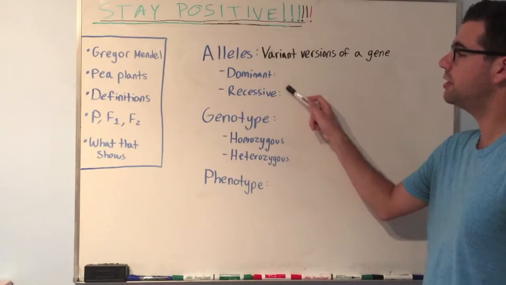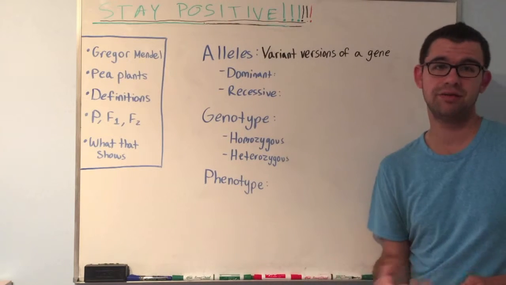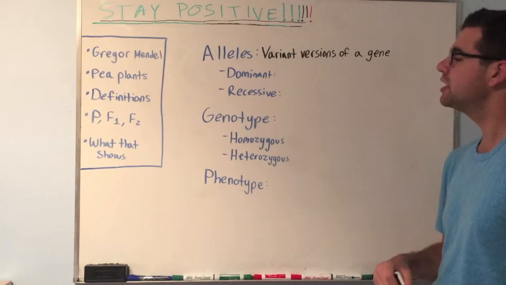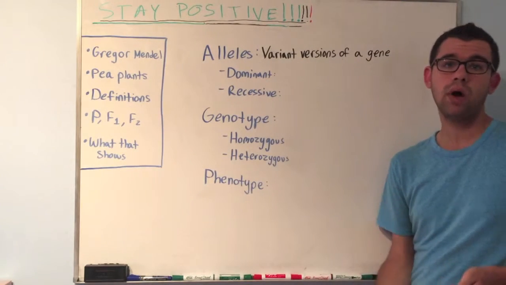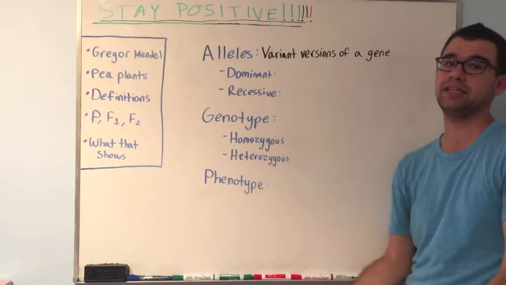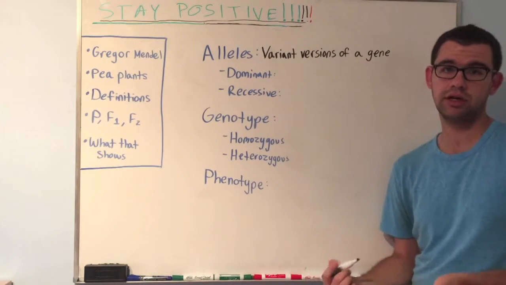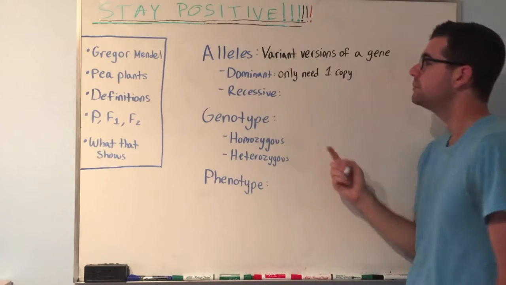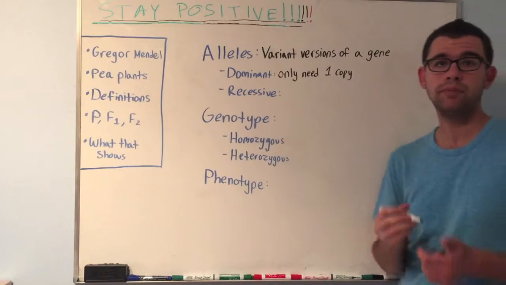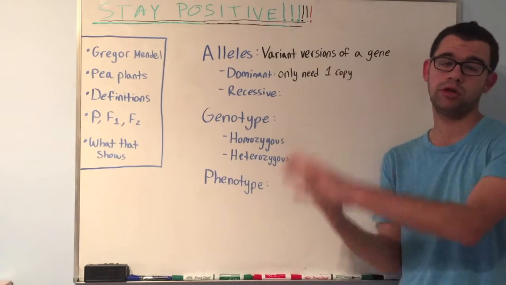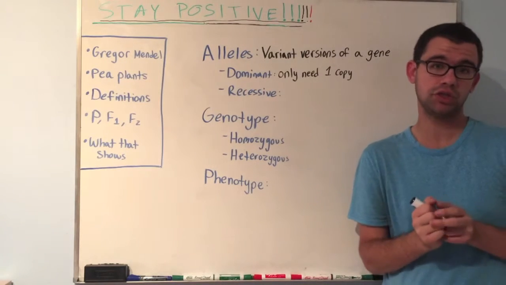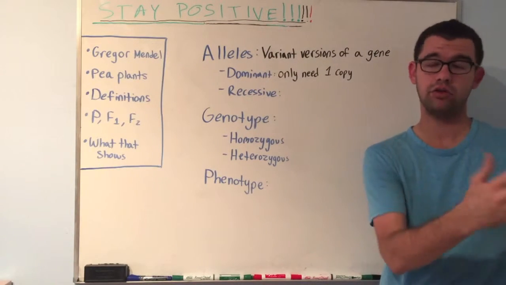Now, alleles could be dominant or recessive, or traits could be dominant or recessive. You could think of it in either way. But dominant means that you only require one allele in order to express the trait corresponding to that allele. Okay? So in other words, your genetic makeup is a combination of your mother's genome and your father's genome, where half of your genome is attributed to your father and half to your mother.